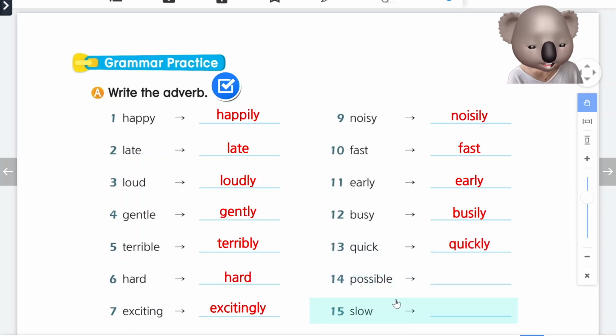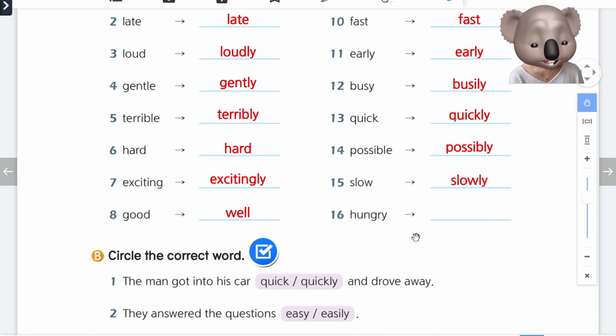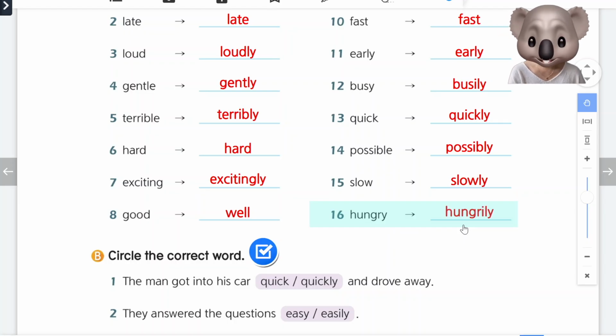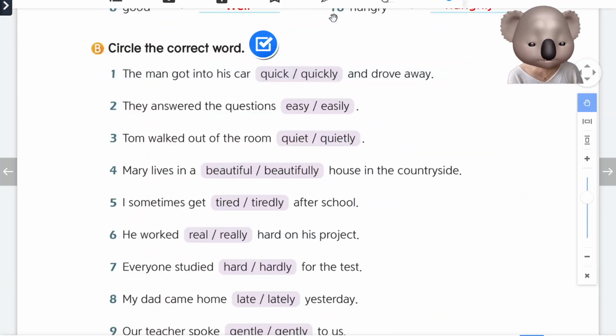Number 14, possible. Ooh, we have to say bye-bye. Bye-bye to the E and add ly, possibly. Number 15, slow. Slowly. Great job. In our last question, hungry. Y to I-L-Y. Hungrily.